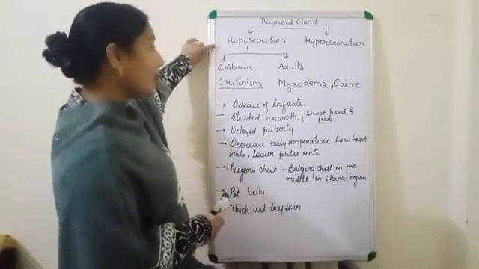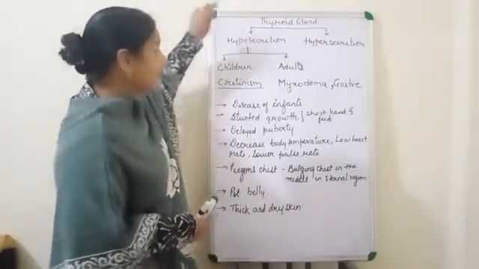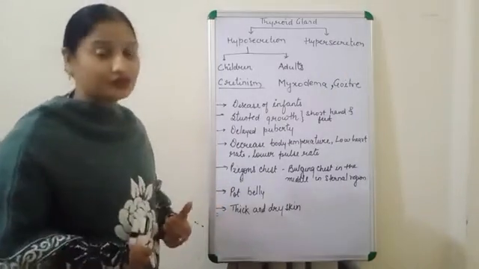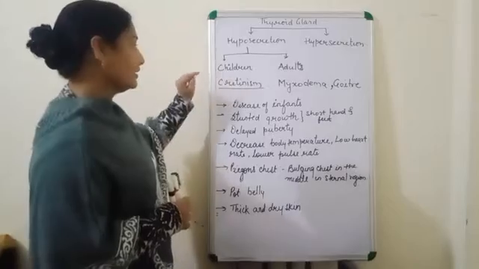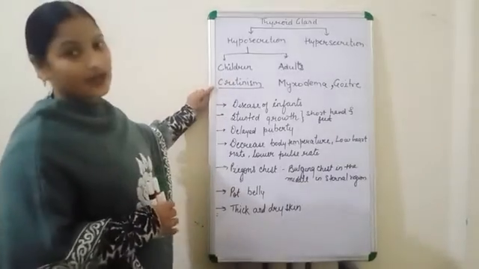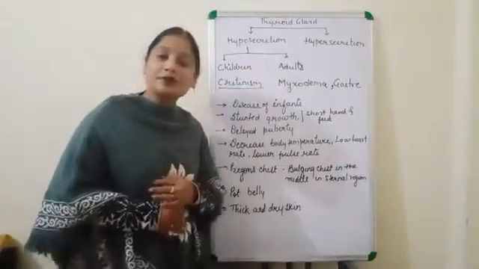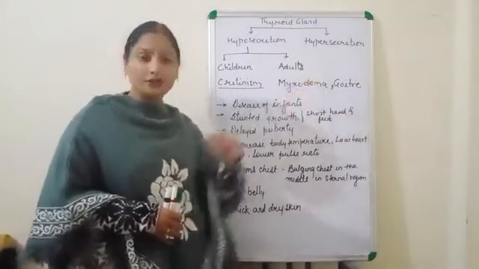Due to hyposecretion of the thyroid gland, there can be different types of diseases in children as well as in adults. In children, the disease is called cretinism, and in adults, the diseases are myxedema and goiter.